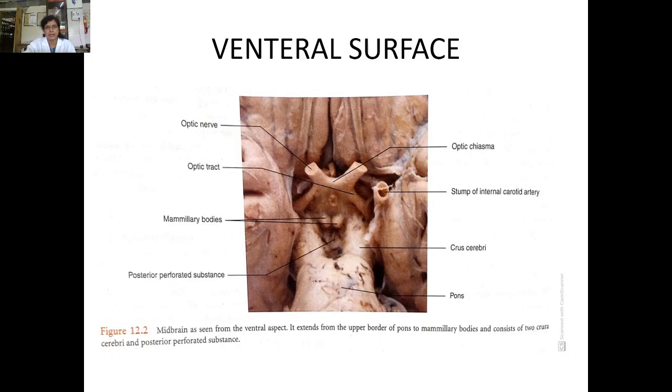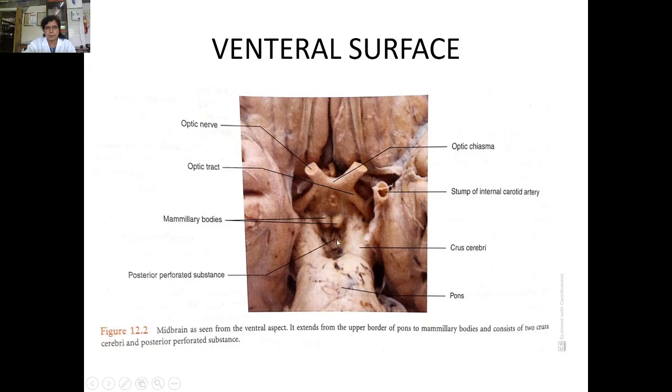There is another, the anterior perforated substance, which is present anteriorly between the medial and lateral olfactory striae. At the upper part of this photograph, near the arrow, you can see the olfactory tract, and it divides into medial and lateral olfactory striae, and between these two there is the anterior perforated substance.